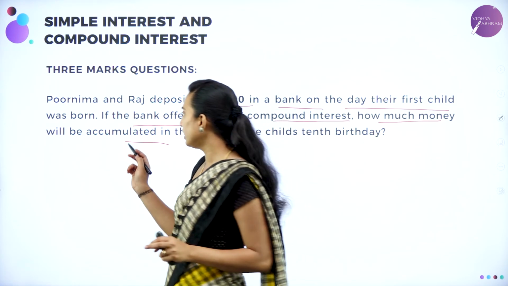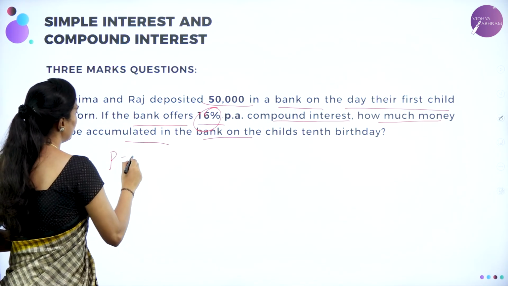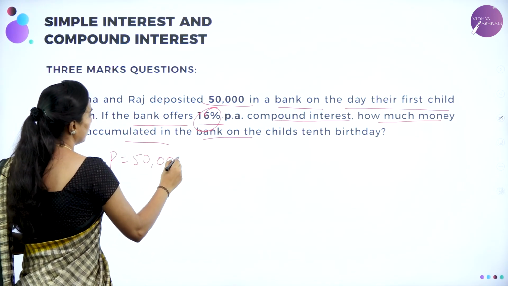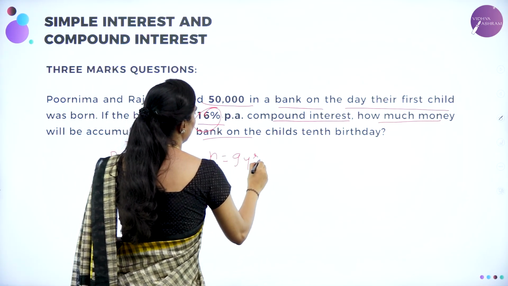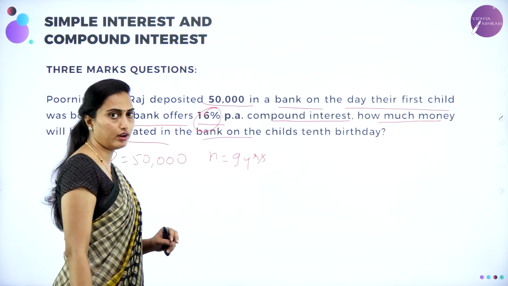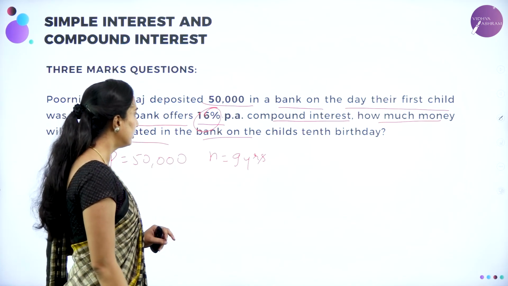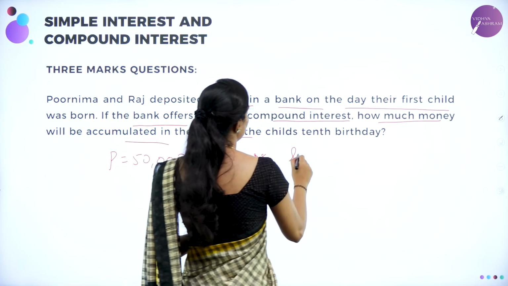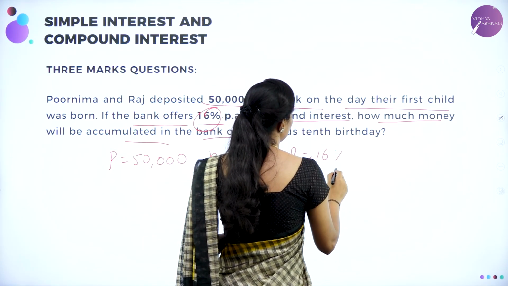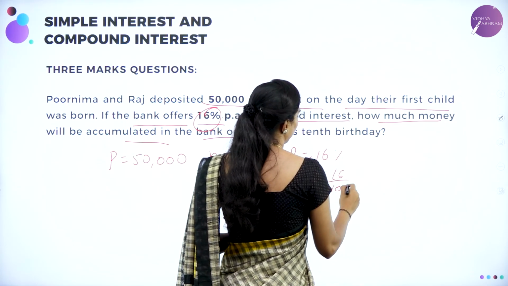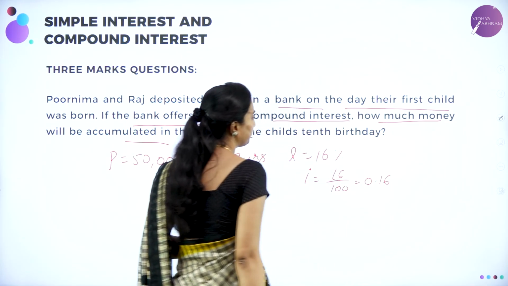So therefore you can have P is equal to 50,000 and then N is equal to 9 years, from child's birth to the 10th birthday celebration, and then you have R equal to 16%, I is equal to 16 divided by 100, which is 0.16.